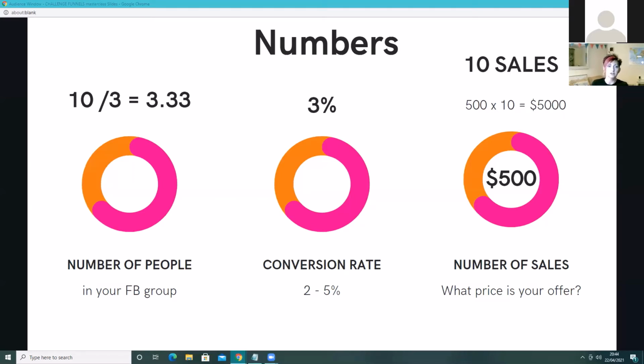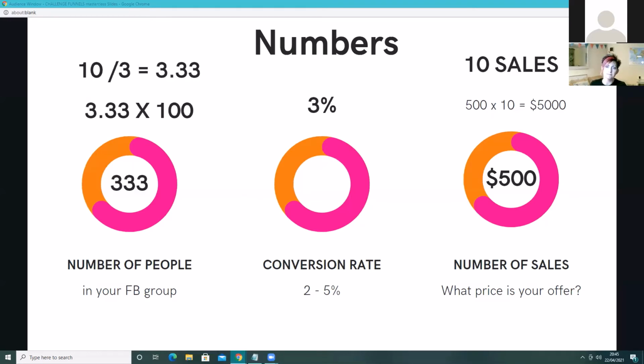So get your number of sales that you want to sell, divide it by 3, then you should have a figure. Then we take that figure, the 3.33, times it by 100, and that will give you the number of people that you need in your challenge.